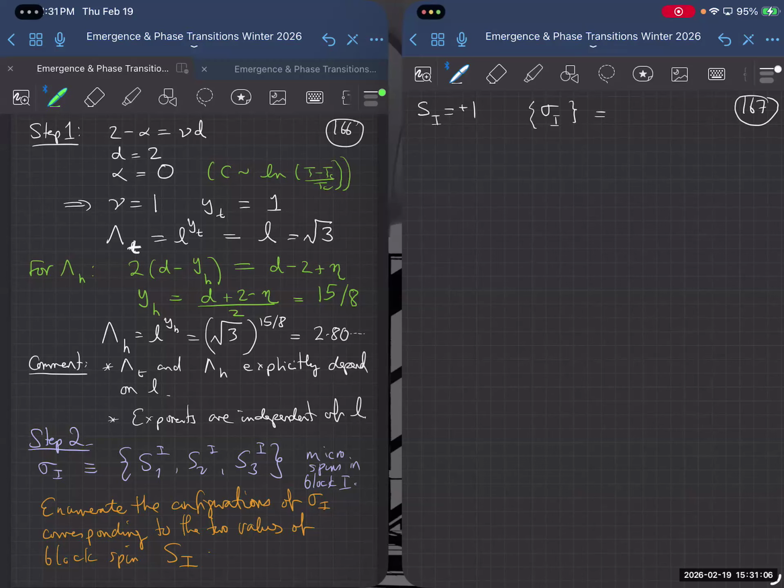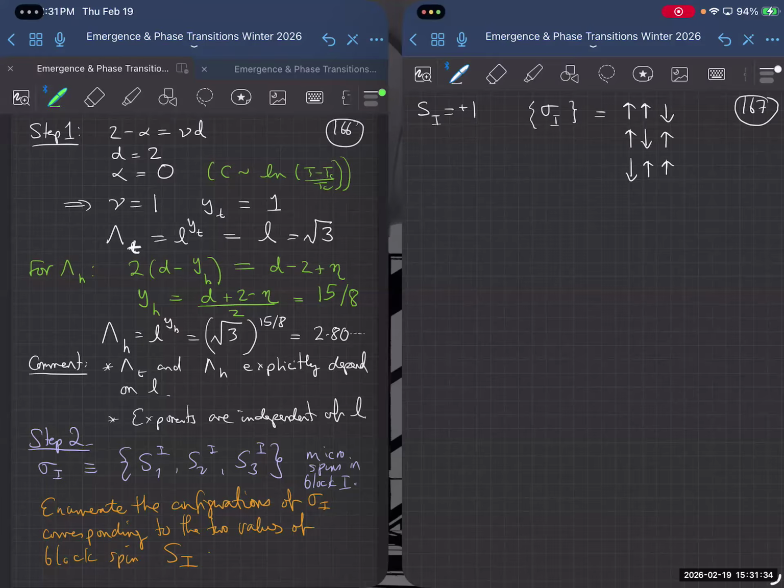There's one where two spins are pointing up and one is pointing down. I can have another one where I have this and then this and then this, so the down one is over there. Then I can have the down one over here and then the two up here. So those are the configurations that correspond to the block spin pointing up. There's one configuration that I missed.